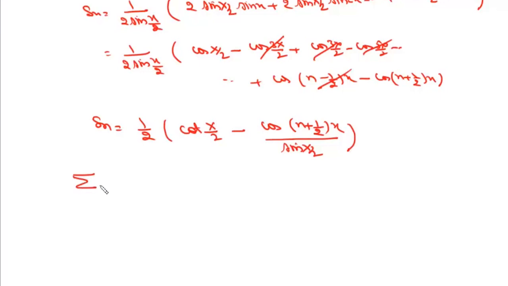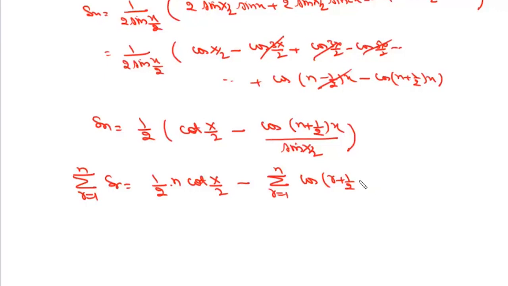Now if we take this summation, r varies from 1 to n, Sr will be this 1 by 2 n cot x by 2 and then minus this summation r varies from 1 to n cos (r plus 1) by 2 x upon sin x by 2.